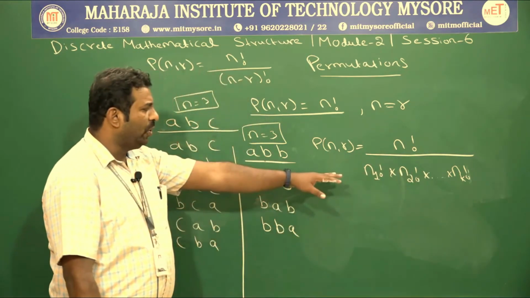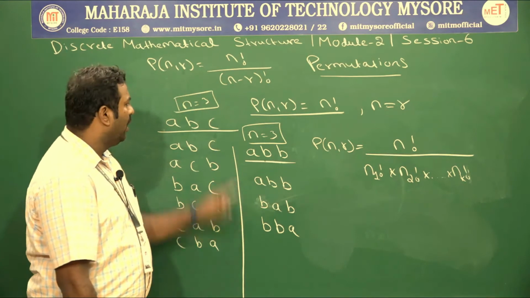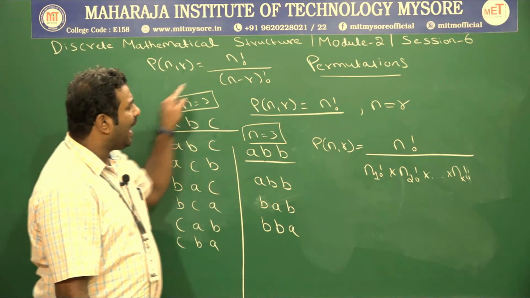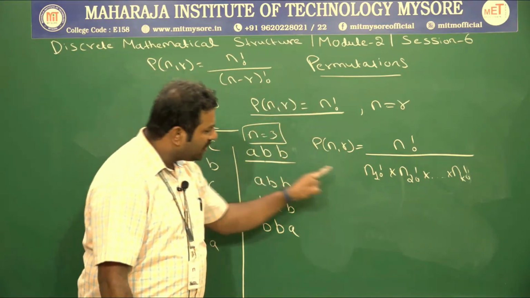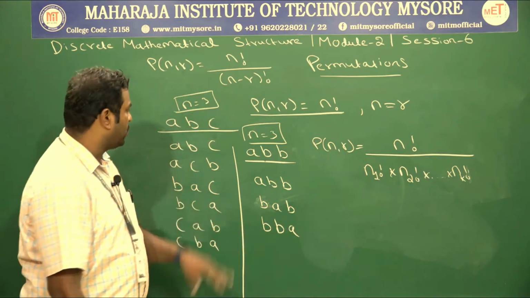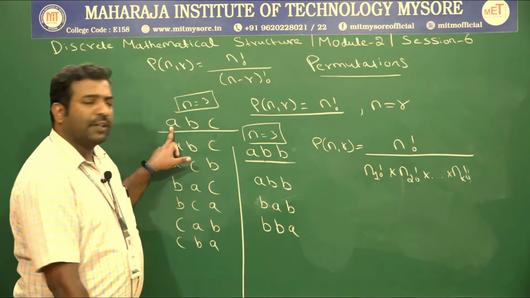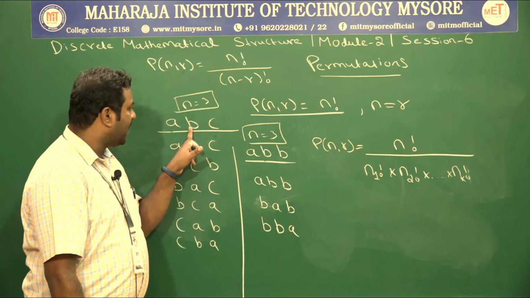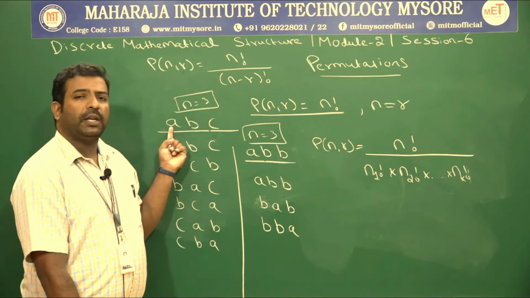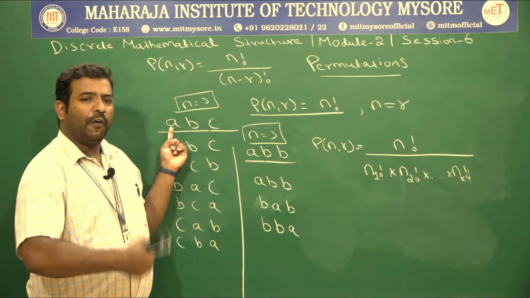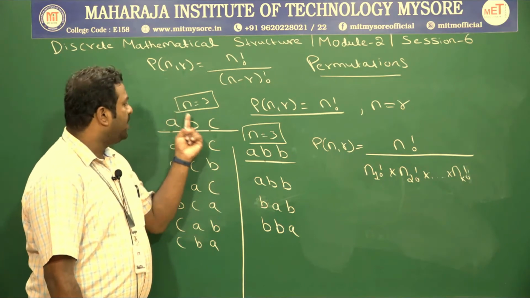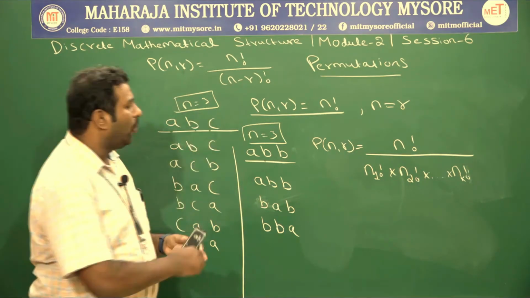Now, for example, I'll just tell you what exactly this is going to be. Now, just look into this example again. In this example, directly I can use this form, but we'll just put into this form and check it out whether I'll end with the same solution or not. So now, A is the first type, B is the second type, and C is the third type. And how many objects of the type A are there? Only one. B is also 1, C is also 1.